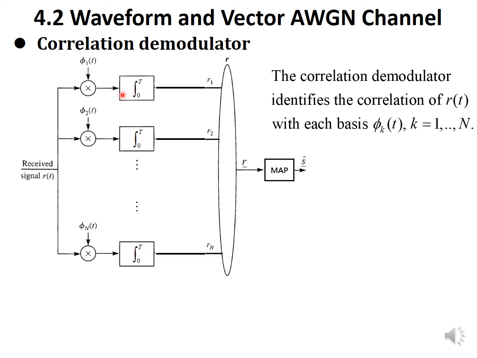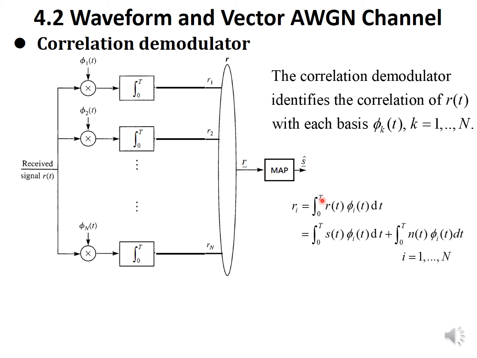This inner product or projection is also called the correlation demodulator, because it is the correlation of r(t) with phi 1, phi 2, and so on, for k equal to 1 to n. So r_i would be the component of the projection of r(t).